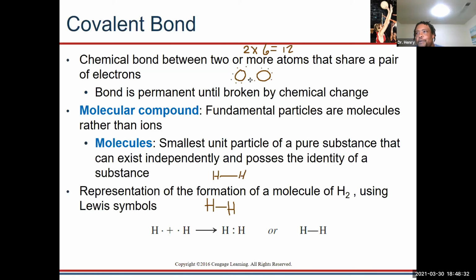So there's 2 right there. Okay, so it's going to be sharing. Anytime that we have 2 electrons being shared, we can draw a line, and it looks so much prettier than having all those dots everywhere.